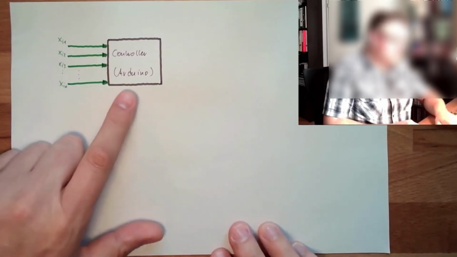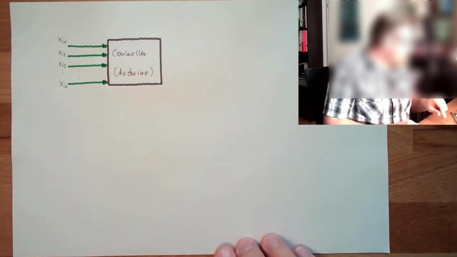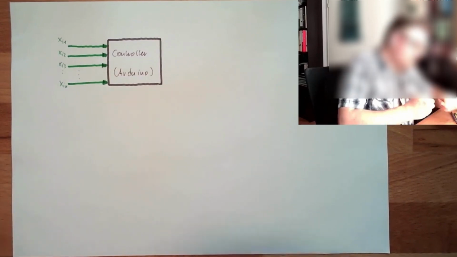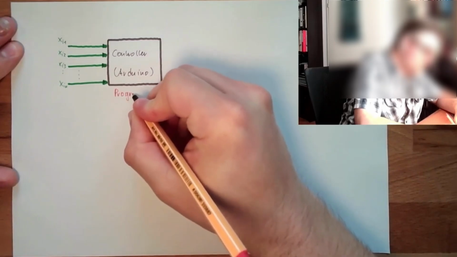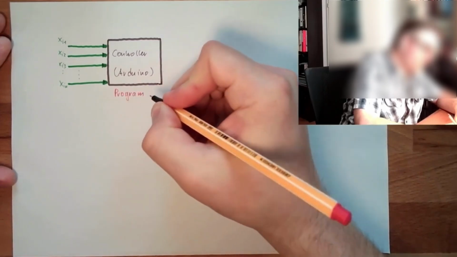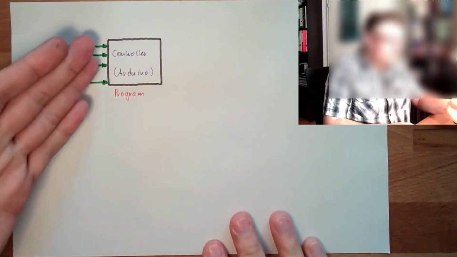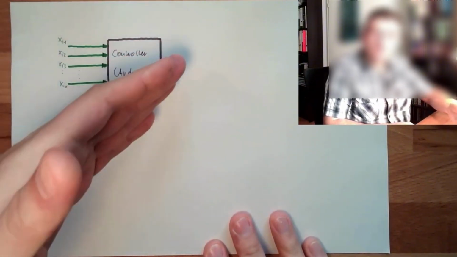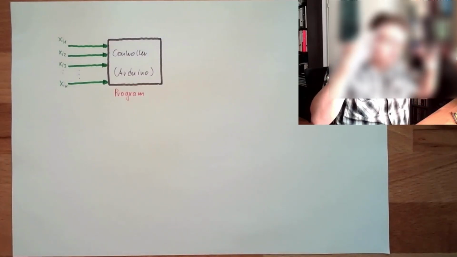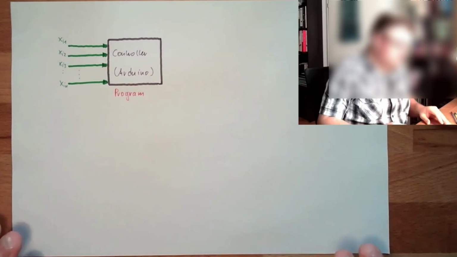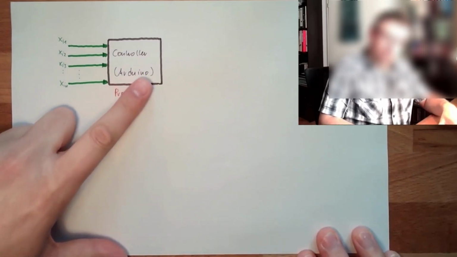Those inputs are processed by the controller somehow. So there is a program running in the controller, which is processing the inputs. Based on the inputs and maybe some internal states, which it remembered from previous occasions, the controller decides what to do.